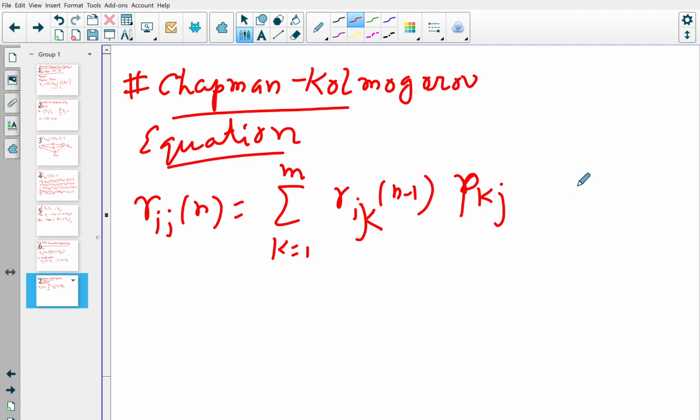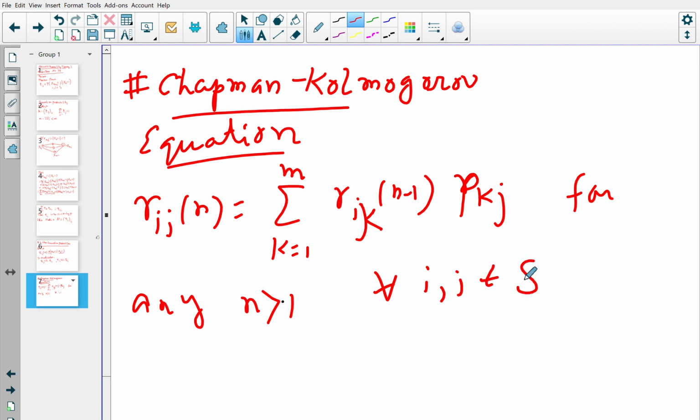This is true for any n greater than 1. For n equal to 1, you already know that it is Pij. And this holds for all i, j belonging to the state space.